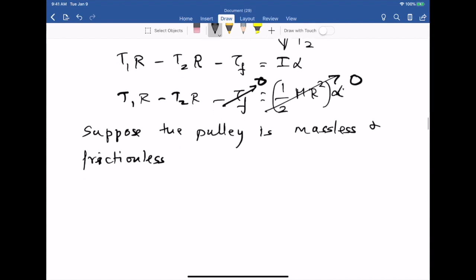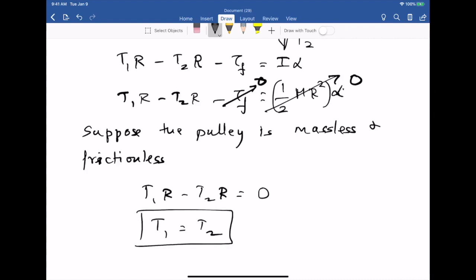And what are you left with? T1R minus T2R is equal to 0. What does that tell you? T1 is equal to T2. So the tensions on the two sides are going to be the same when the pulley is massless and frictionless, right? And that is why way back in chapters 4 and 5, we just assumed that the tension on either side of the pulley was the same, because the problem told us that the pulley is massless and frictionless.